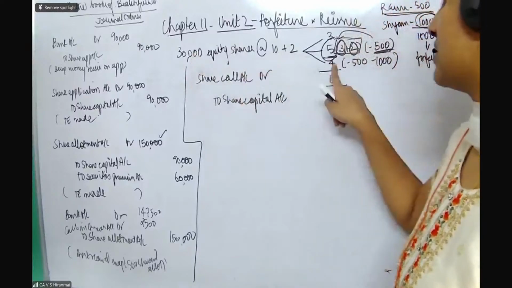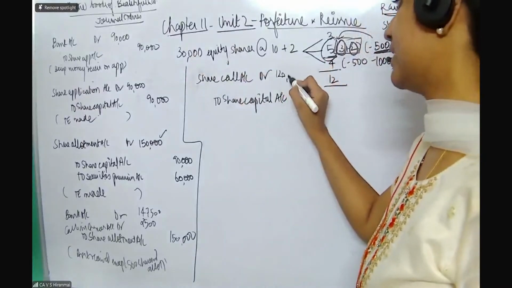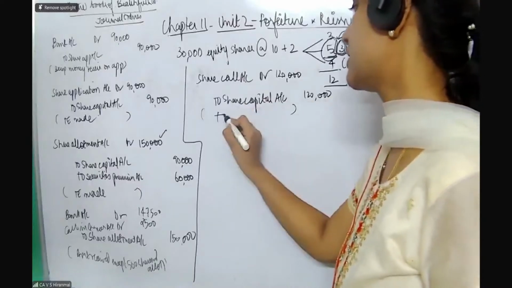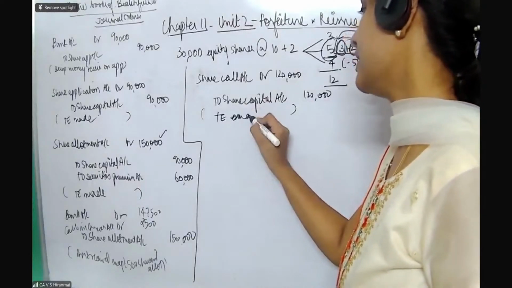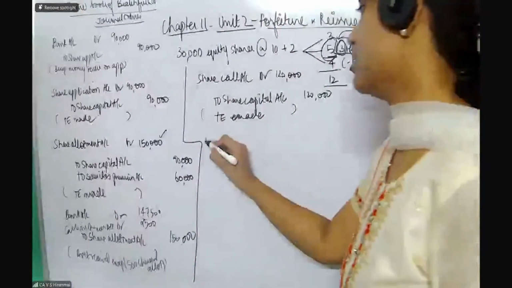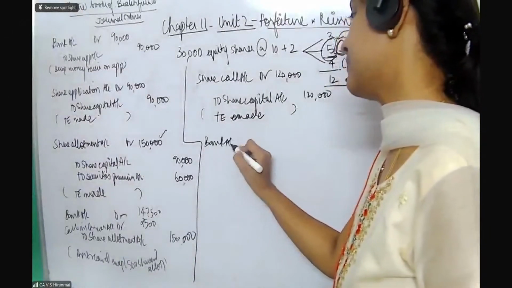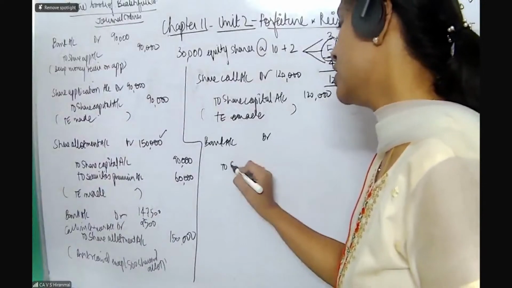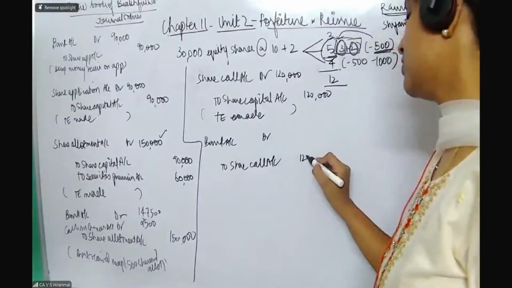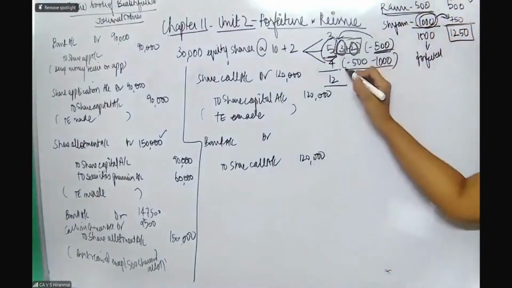So 30,000 into 4 rupees, 1,20,000. So this is the transfer entry made. Next will be the bank when you are receiving. So I will write that entry: bank account debit to share call account. Correct? How much is the share value? 1,20,000.